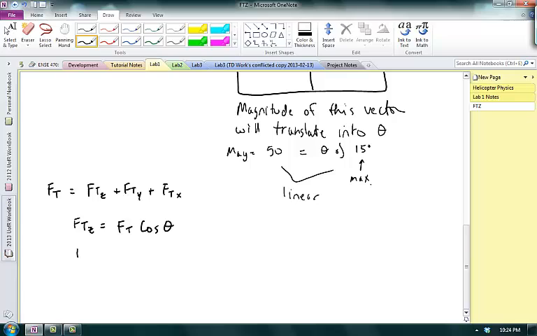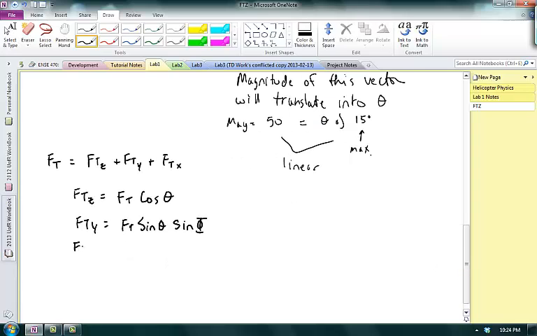So we know theta because that's the magnitude of our mouse movement. So ft y equals ft sine theta sine phi. So that's the fty component. The ftx component would equal ft sine theta cos phi.